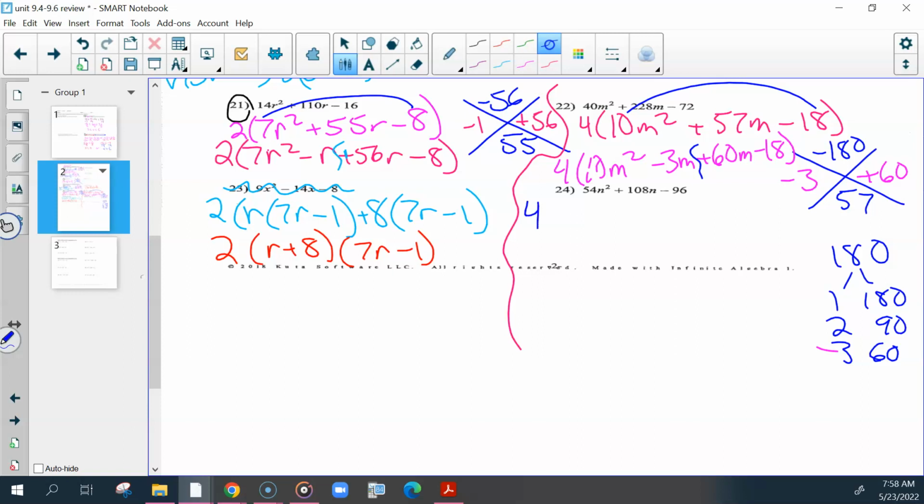So we bring down my GCF, I'm taking out an m, then I'm dividing both of these by m, what would be left? 10m and negative 3, from dividing m out of this one.